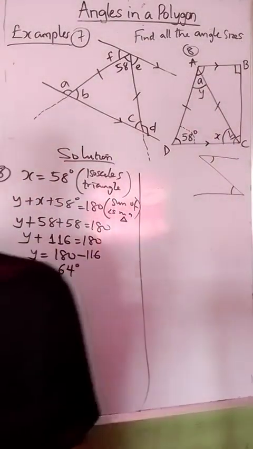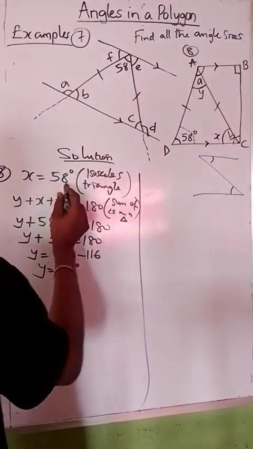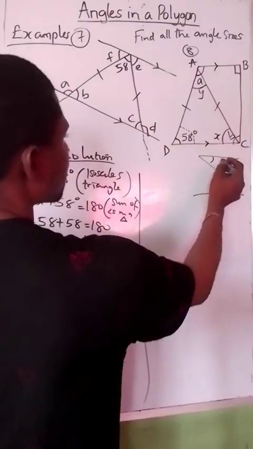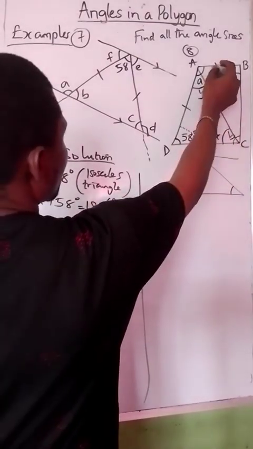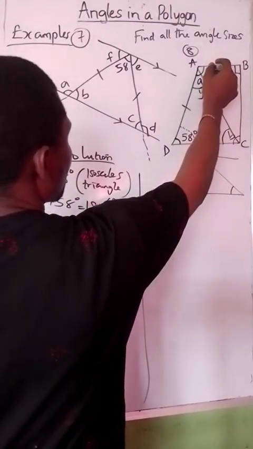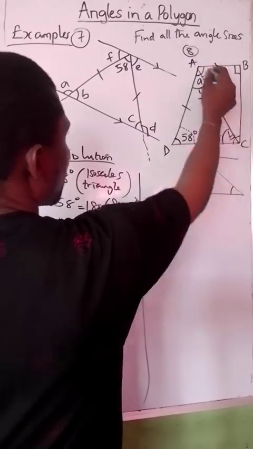It's the total. So since our X is 58, we know that X and this angle, they are what?